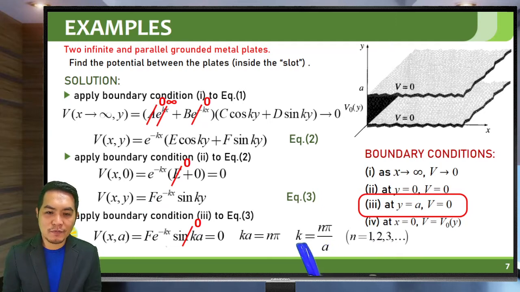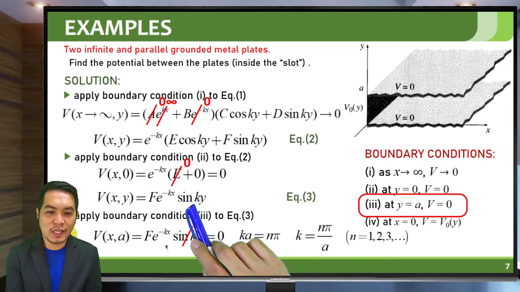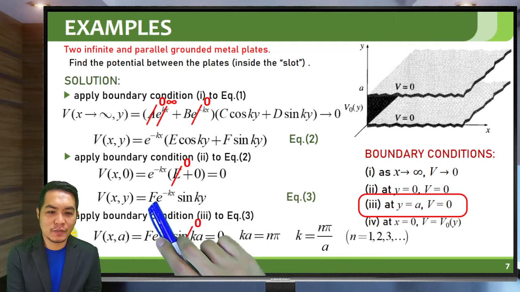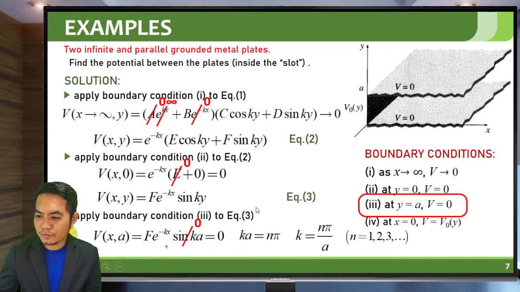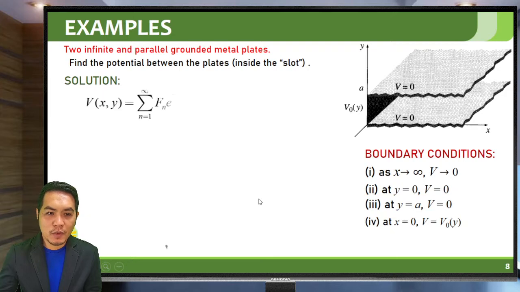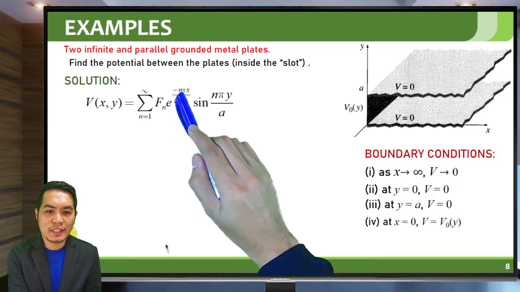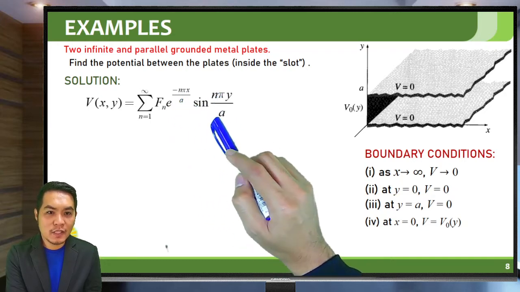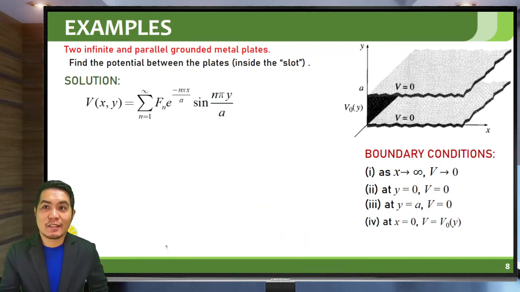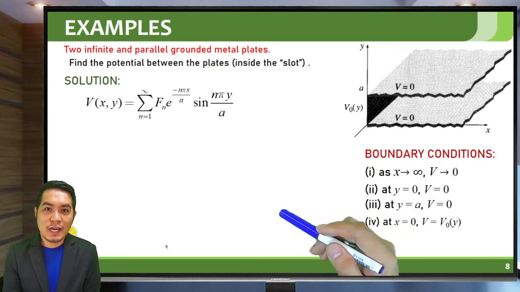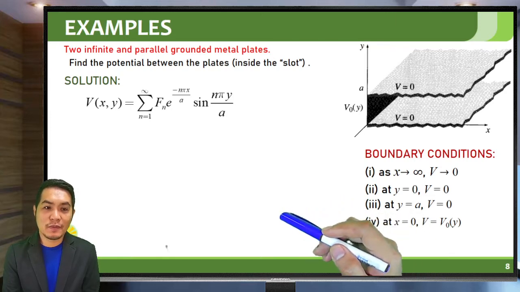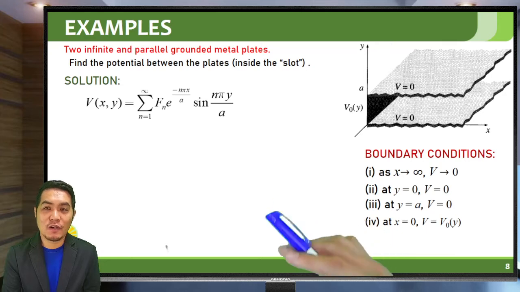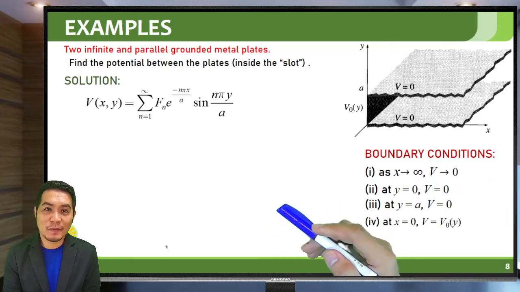So we will use this value of k here and substitute that to our equation here. So our equation will now become like this. So we substitute k as n pi over a. k is n pi over a. But take note, since k has different values, this means that we also have different values, different solutions, or more than one solution for the potential.